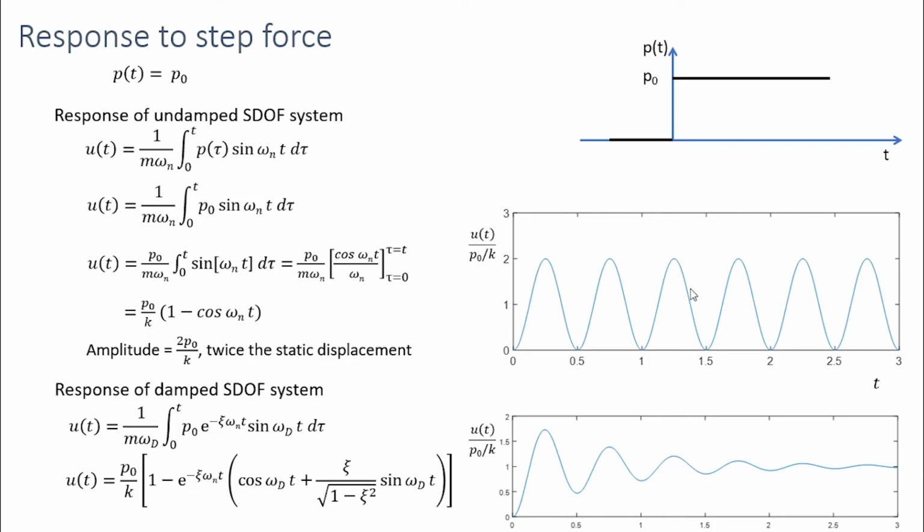This does not go on continuously as in the case of undamped systems, but it decays. After some time, the response converges to the static response, that is p naught by k. That means after some time, these dynamic effects die out and the response is equal to the static response.